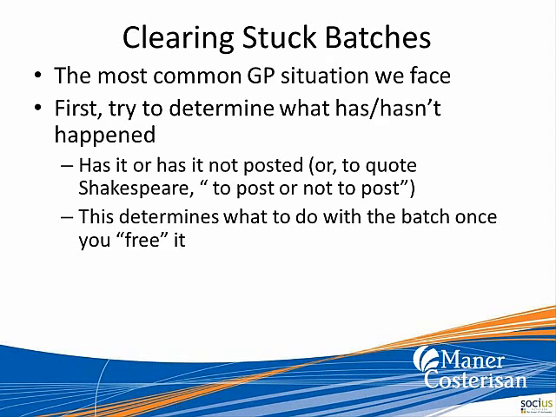Because this determines what to do with the batch once you free it. It somehow got stuck. Maybe a power surge. Maybe there's something wrong, like the debits didn't equal the credits or there was an account number missing or something like that. And that's why it didn't post. But this is very important. This determines what you're going to do with the batch once you free it up.